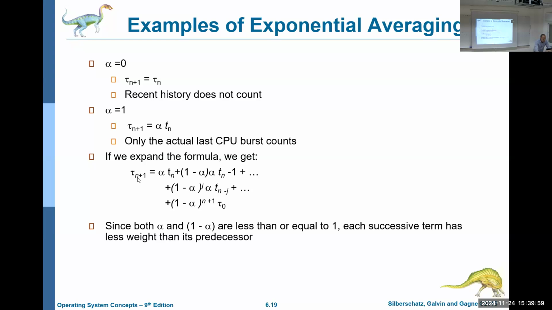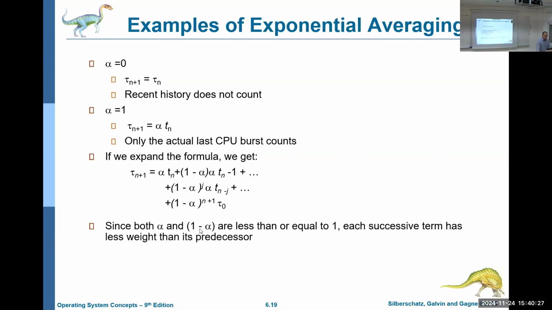Here you see it's tau n plus one equals alpha times t of n plus one minus alpha times tau of n, and it just keeps going. Since both alpha and one minus alpha are less than or equal to one, each successive term has less and less weight than its predecessor.